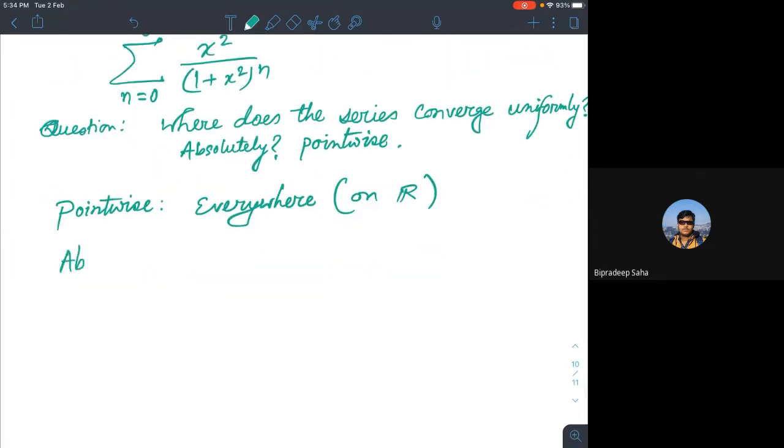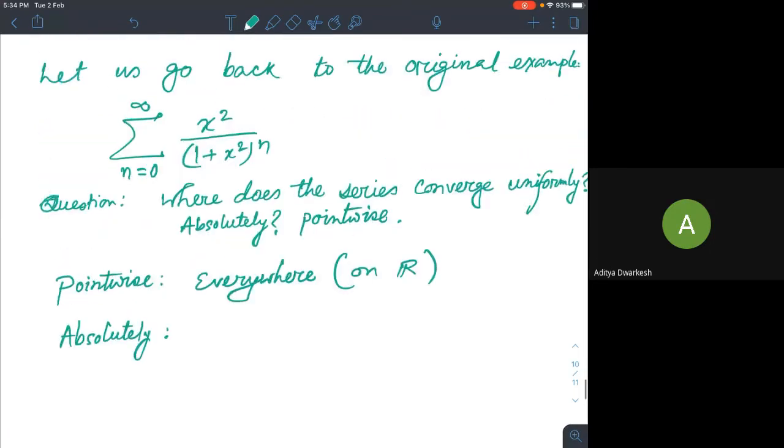Absolutely, that will also be on the whole of R, I think. So you see here 1 over 1 plus x squared, this is already positive. This is already a series of positive terms.